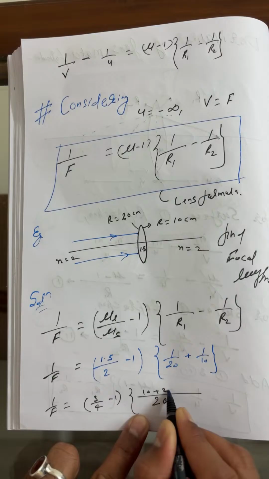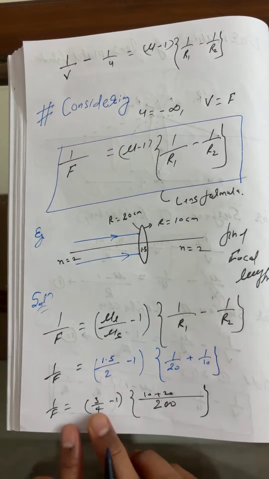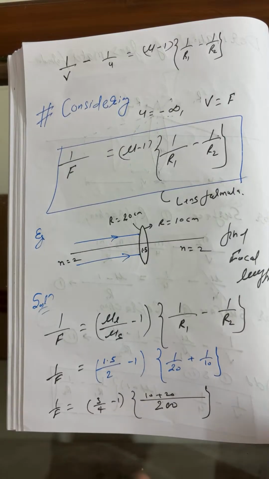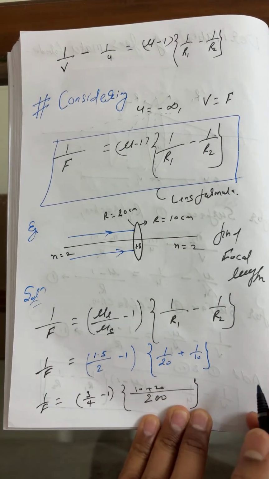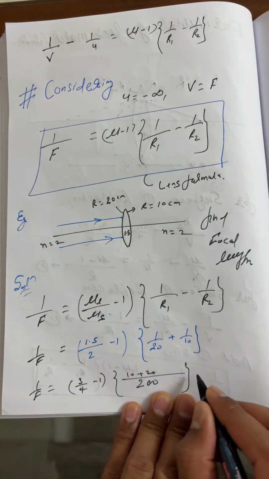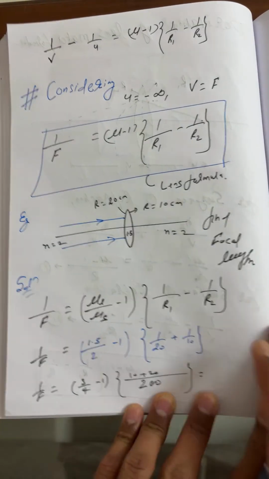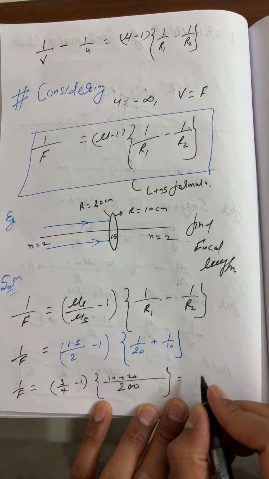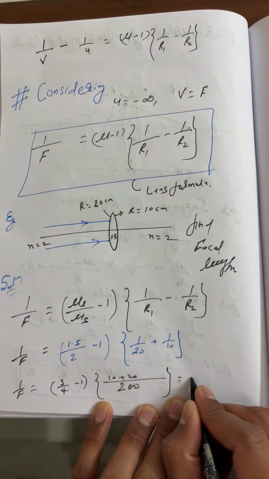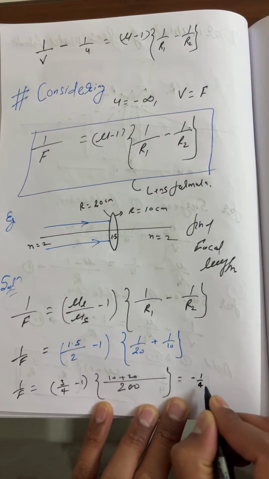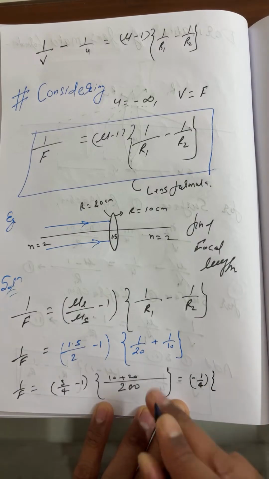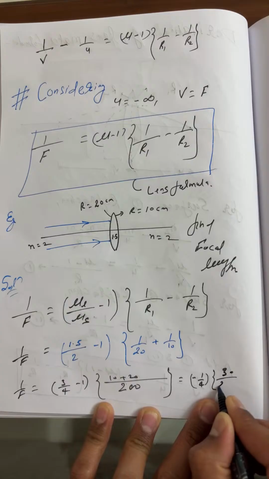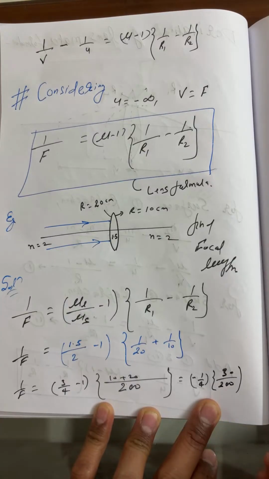So 3 by 4 minus 1 is minus 1 by 4, into 30 upon 200.